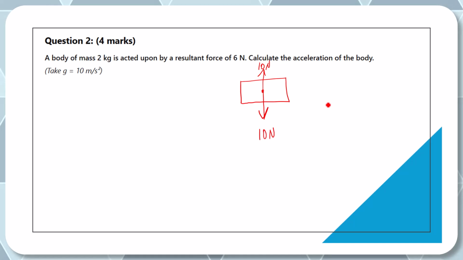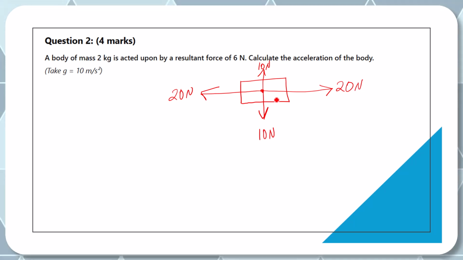Now if I pull the box with a force of 20 newtons this side, and there is a frictional force opposing that of 20 newtons, then this box will have zero acceleration. If it was stationary, it will stay stationary. If it was in motion before, it will carry on at exactly the same speed, because the forces are balanced.